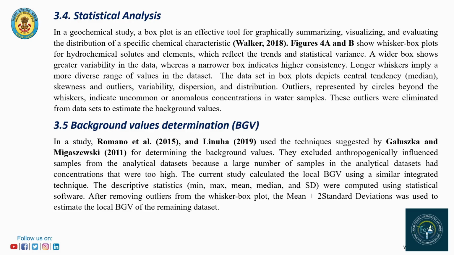This is the final product of the background values that we have calculated. In the background values determination study, Romano et al. and Liniana et al. 2019 used these techniques, as suggested by Galuszka and Migaszewski, for determining the background values.